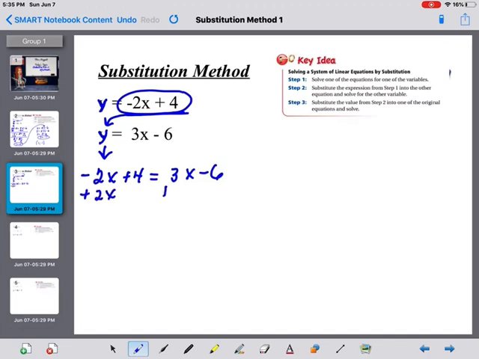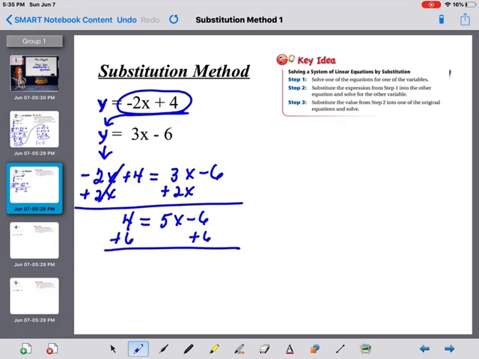I'm going to do the opposite of the negative 2x and add 2x on both sides. I wind up with 4 is equal to 5x minus 6. I'm going to add 6 on both sides. I have 10 is equal to 5x. And dividing both sides by 5, we get 2 is equal to x. I'm going to choose one of the two original equations.